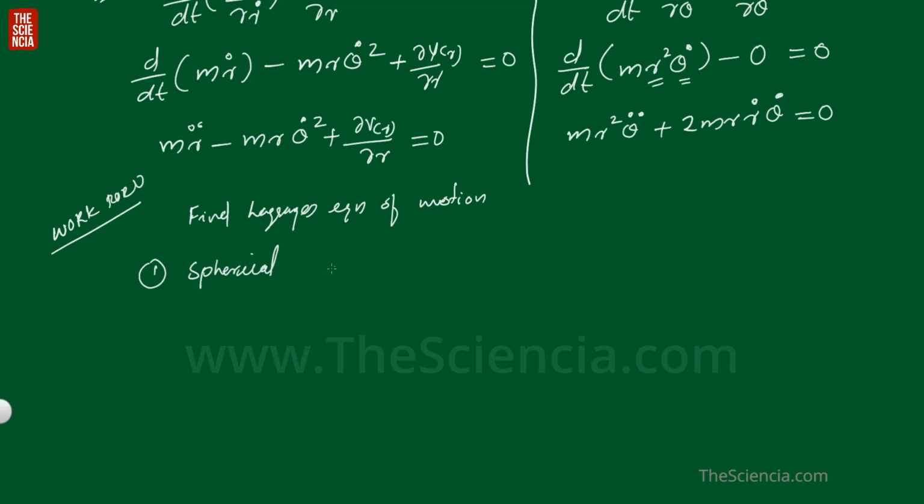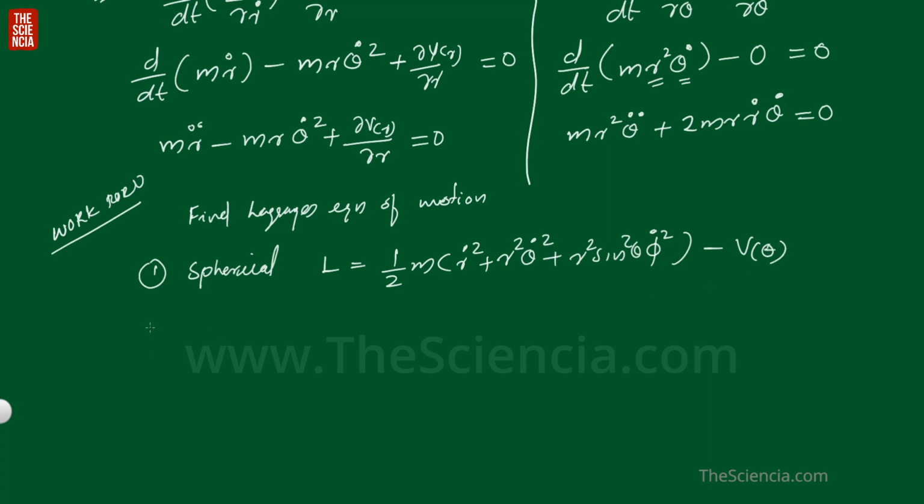In the spherical coordinate system, we know L is equal to 1/2 m (r dot square plus r square theta dot square plus r square sine square theta phi dot square) minus V. I am taking this V as a function of theta.